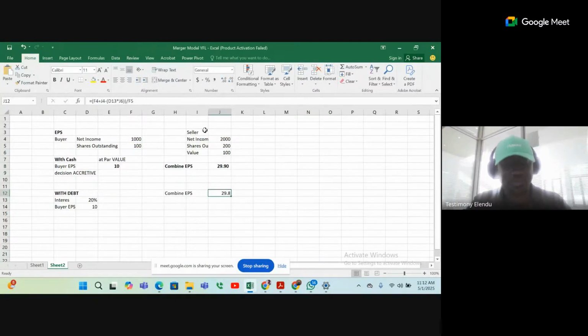29. So even with debt, if we had used debt to buy this company at 20%, when we compare the buyer EPS to the combined EPS, it still makes sense to go ahead with this acquisition from a financial perspective, because the costs we are incurring, 20% in principle, are small compared to the potential benefits we will get from this particular company at this price.